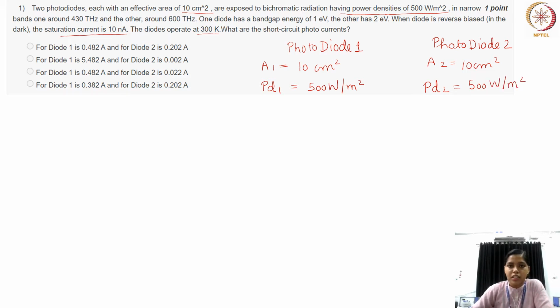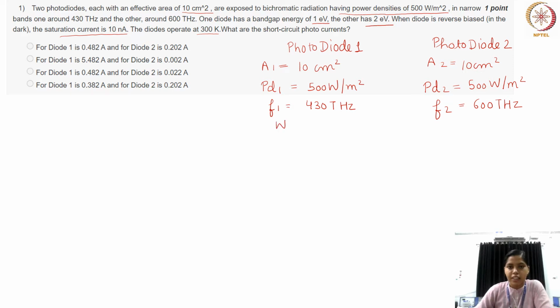Then the first is operating around a frequency of 430 terahertz and the second one is around 600 terahertz. Then they have given that the band gap of the first photodiode is 1 electron volt and the other has a band gap of 2 electron volt.